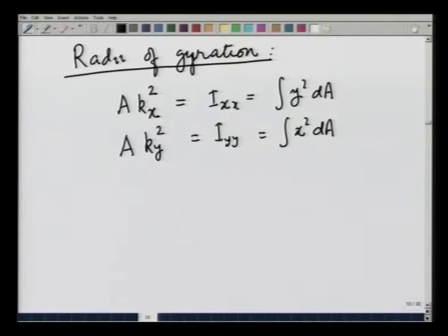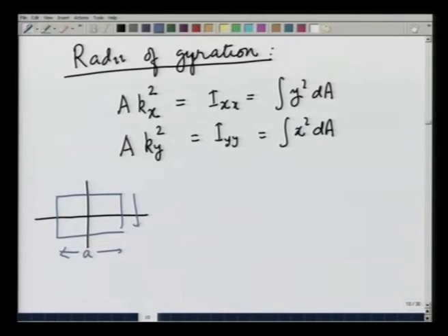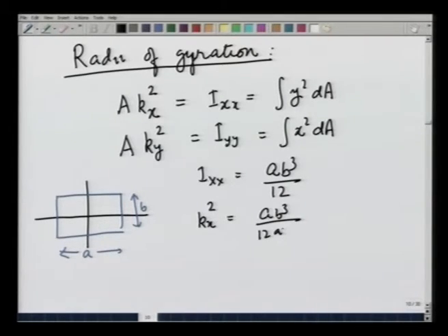dA. Thus, for example, when we look at a rectangle of length a and width b, we have already calculated that I_xx is equal to a b cubed over 12, and therefore k_x squared is going to be a b cubed over 12 a b, or equals b squared over 12.